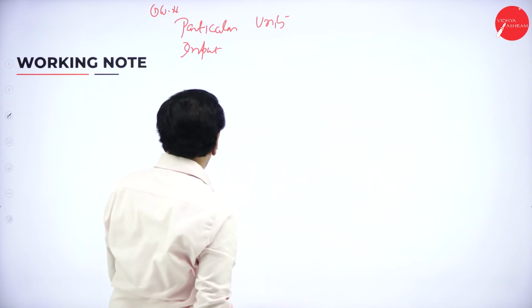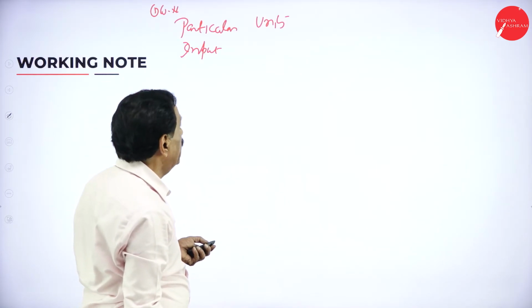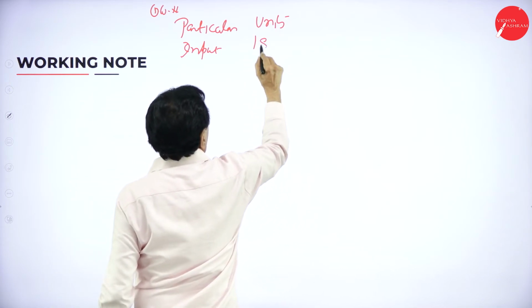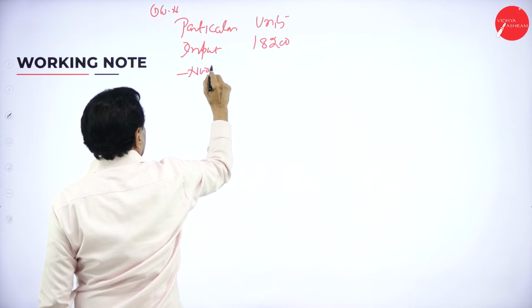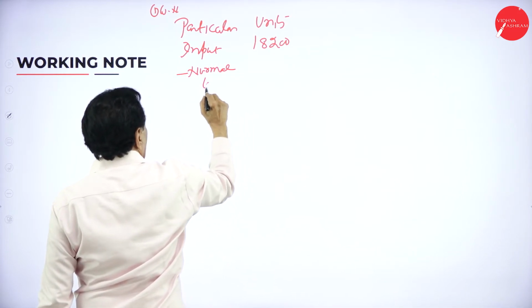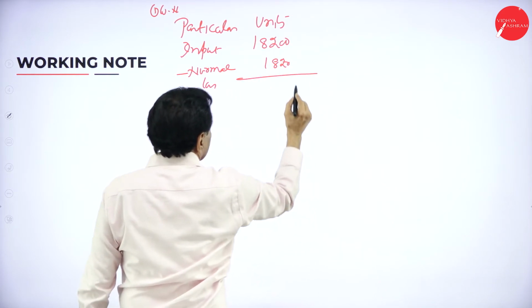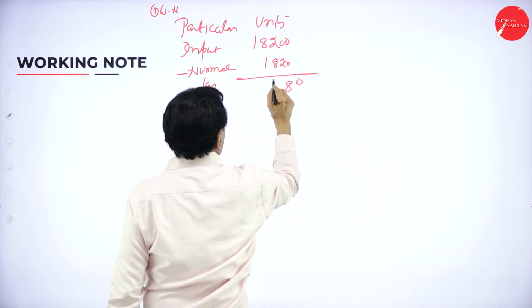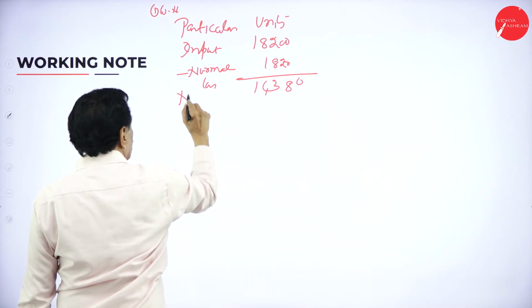See that? Your input is 18,200 minus normal loss 1,820, deduct, 16,380 is normal output.